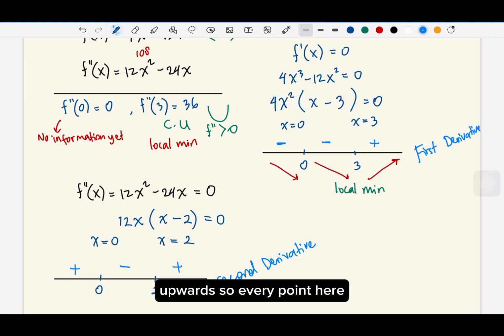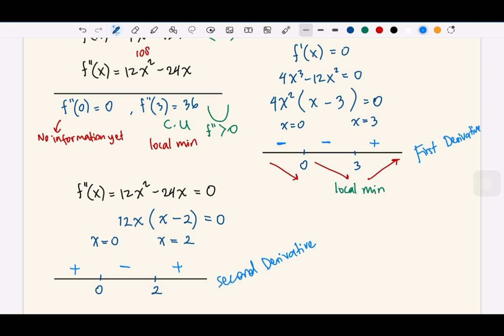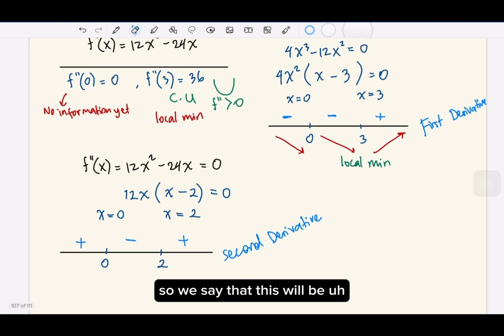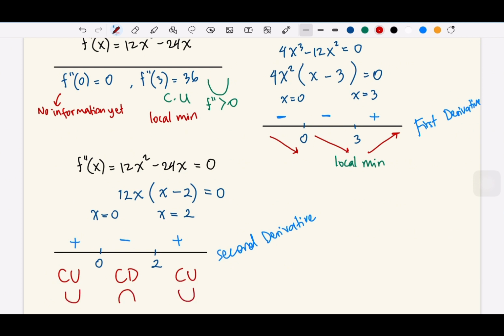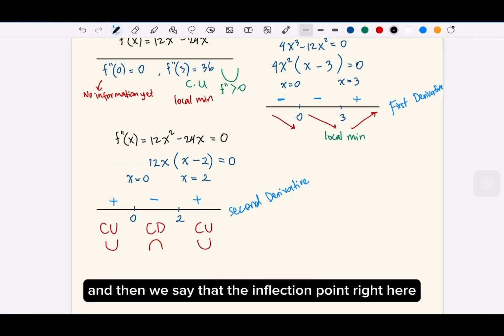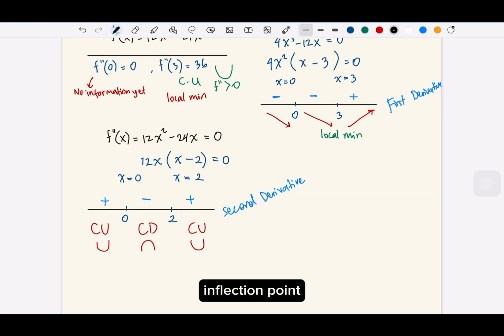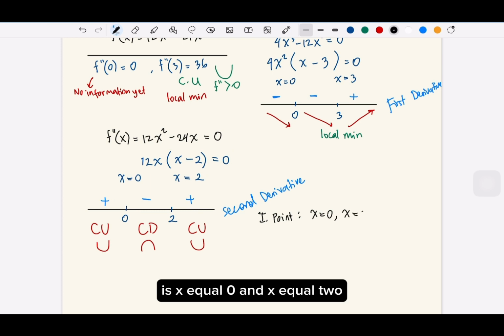So every point here, 0 and 2, will be our inflection points. So we say that this will be CU, CD, CU. And then we say that the inflection points are x equals 0 and x equals 2.